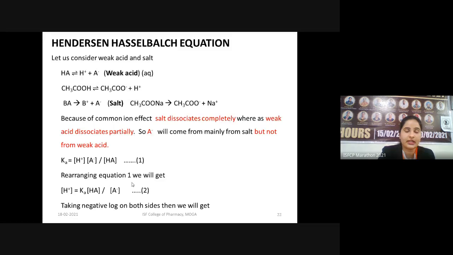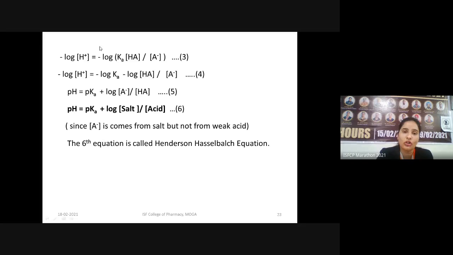After that, we will be taking the negative log on both the sides. And then minus log of H positive is nothing but it is the pH. Similarly, minus log Ka is nothing but it is the pKa value. Doing rearrangement here, we will get log A negative divided by log HA.